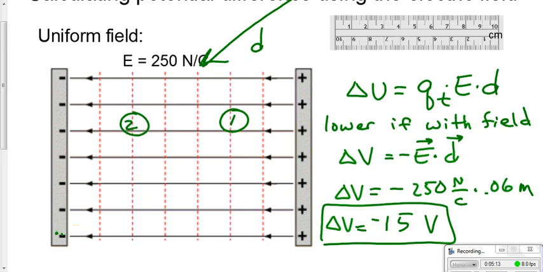So what we often do is just describe what those potentials are. We call these dashed lines equipotential surfaces. Between each one is only 2 centimeters, so each one has 5 volts of potential difference between it. Now, a lot of times it's arbitrary what we call any particular potential because we're really only concerned with differences.